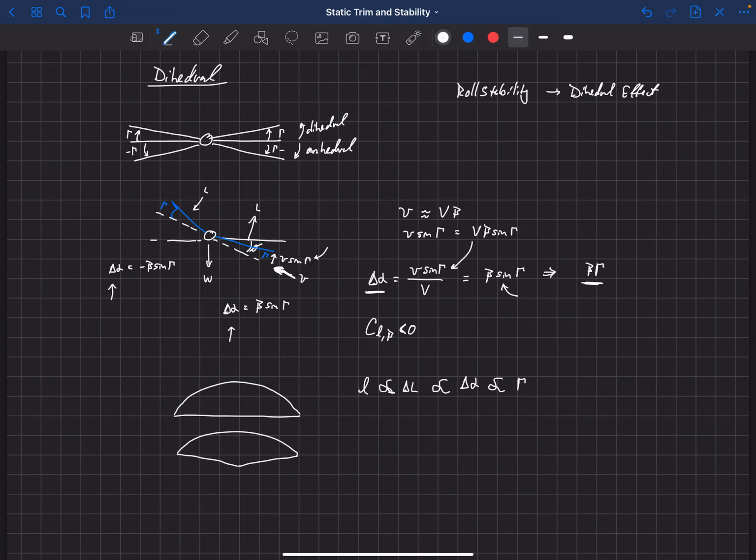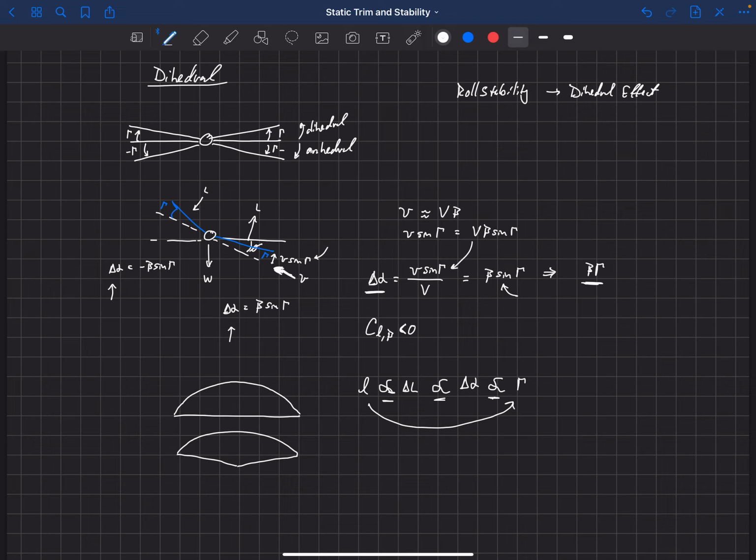So this is a really nice thing because these are basically all proportional to each other. That means for small dihedral angles, the change in rolling moment is basically proportional to gamma. So there's a kind of a linear relationship there.